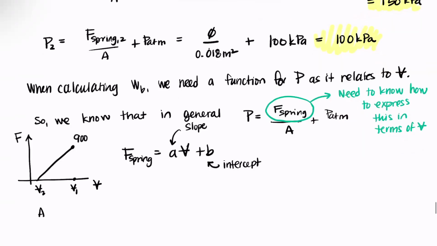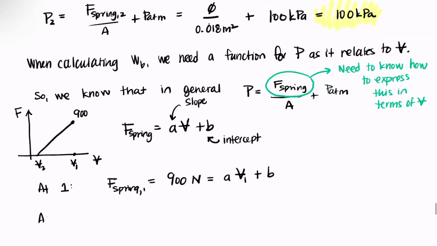So at state 1, F spring at state 1 is 900 newtons, which is equal to A V1 plus B. And at state 2, F spring 2 is equal to 0 newtons, which is A V2 plus B. Okay?